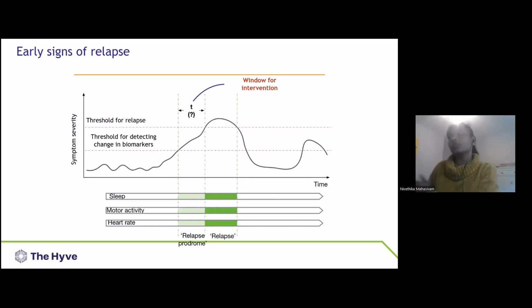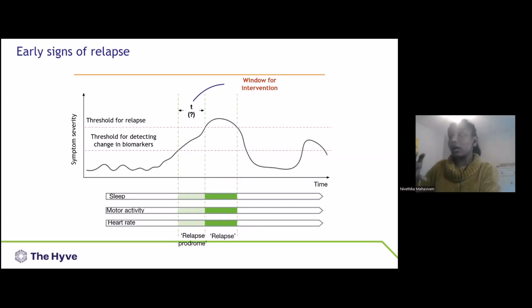So when you find out that you are actually relapsing, it's a little bit late to intervene or take action. Another question is, there is the relapse prodrome stage, where you will start to see some symptoms.